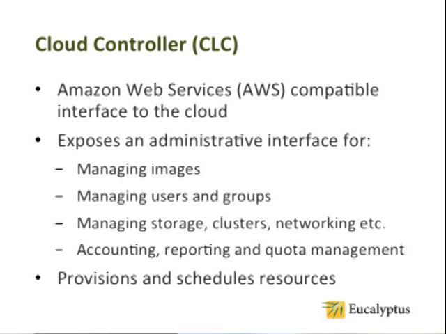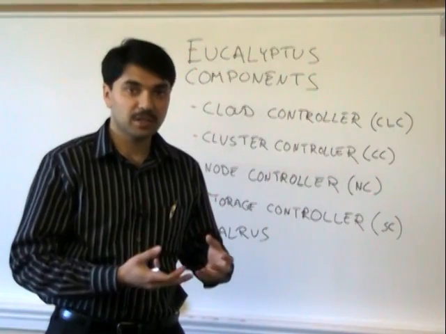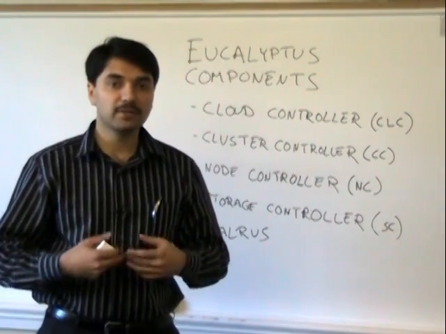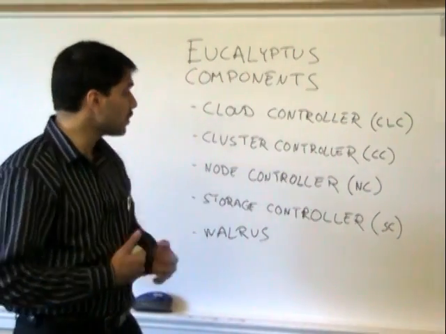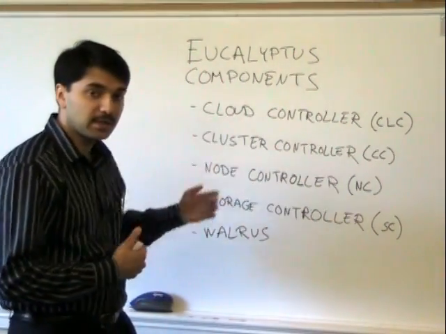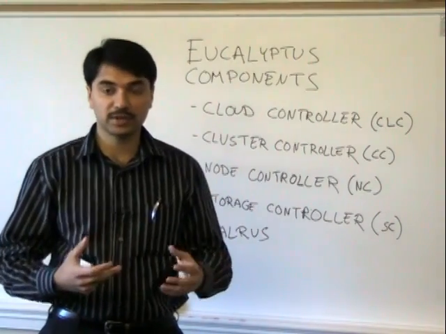Eucalyptus can seamlessly integrate with your existing Active Directory or LDAP, which means that Eucalyptus can import the notion of grouping and user associations from your existing user management systems. Or you can even define groups and users within Eucalyptus, and administrator, through the administrative interface that is exposed by the cloud controller, will be able to define groups and associate users with these groups.